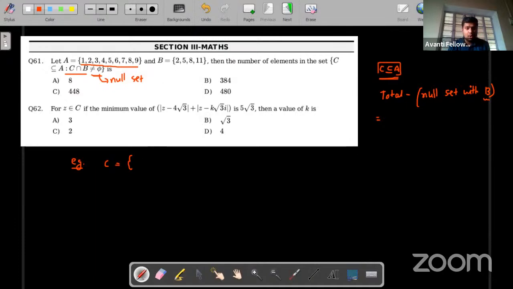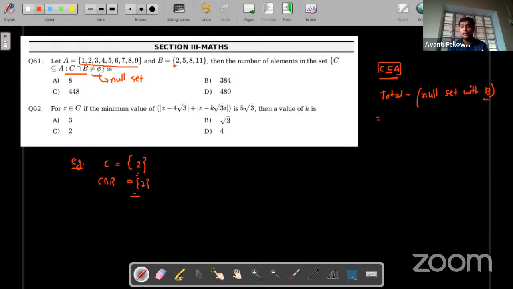If I take only element 2 from set A, now I have to check whether C intersection B is a null set or not. If you check C intersection B, there is one element which is common, 2. It means C intersection B is {2}, which is not a null set, because one element is there.